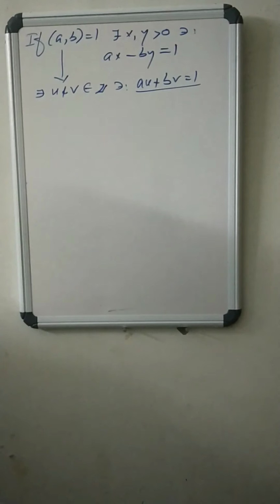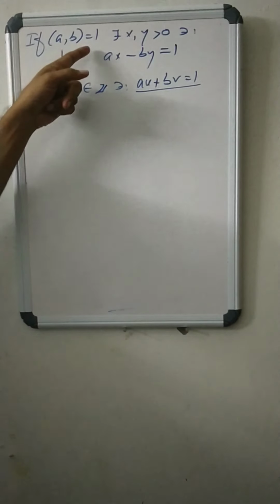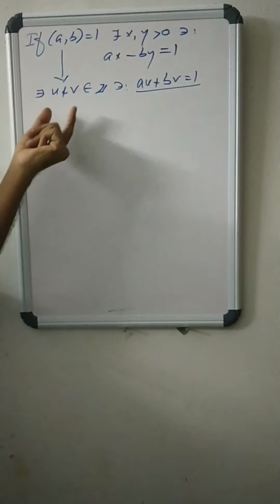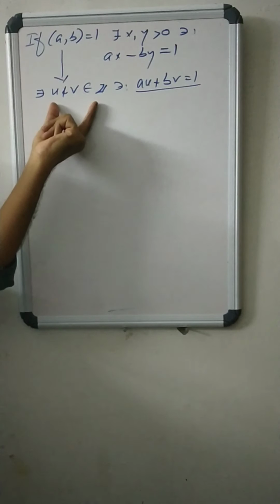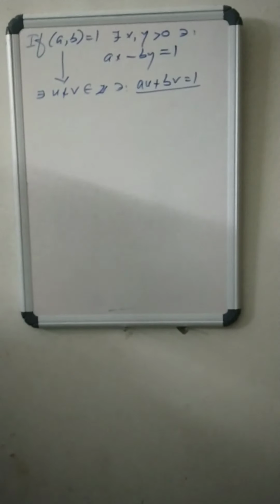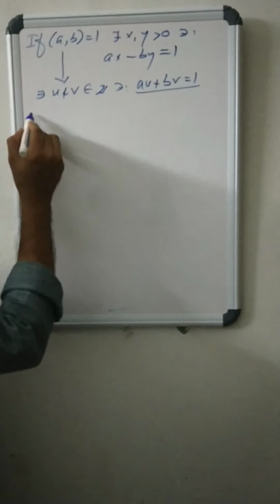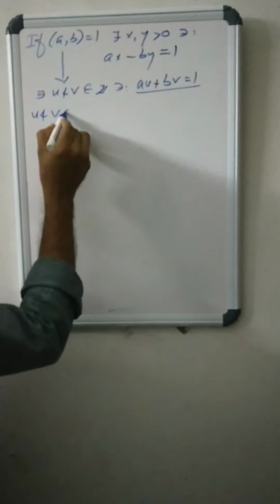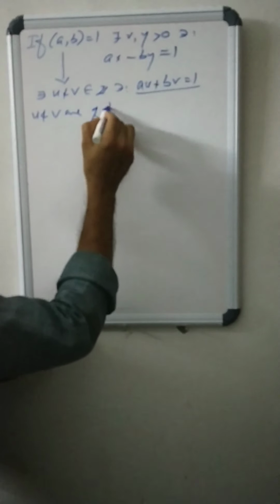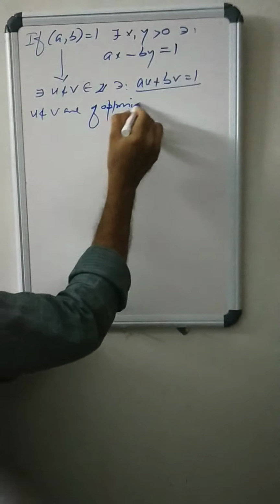So listen, au plus bv equals 1. This happens only when u and v are of opposite signs. The GCD of A and B is 1, then there exist some integers u and v, maybe negative or positive, such that au plus bv equals 1. Since au plus bv equals 1, clearly u and v are of opposite signs.